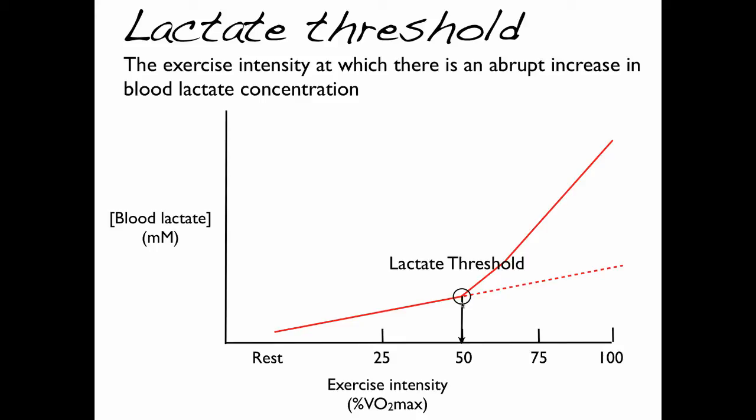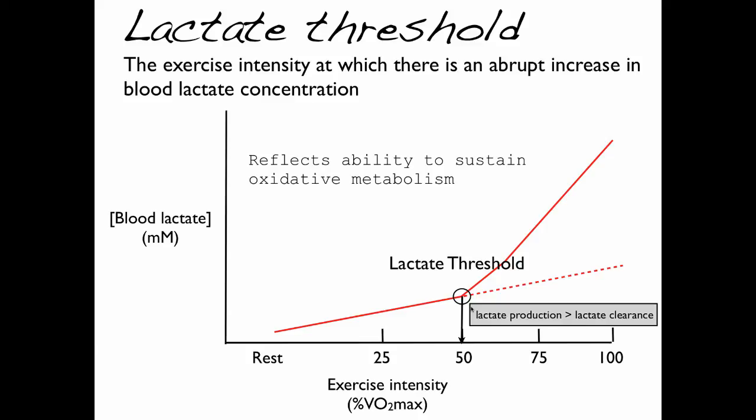Lactate threshold will occur at different intensities for different people. But what it indicates is that lactate production now exceeds lactate clearance by tissues that can use lactate. And this would indicate that there's either not sufficient oxygen, glycolysis going too quickly, a greater recruitment of type 2 muscle fibers, or a lack of blood flow going to the clearance tissues.